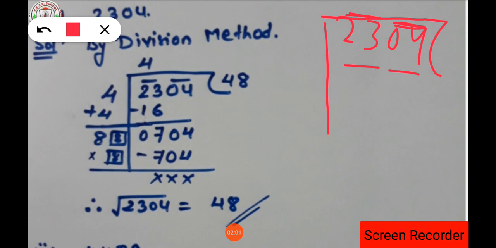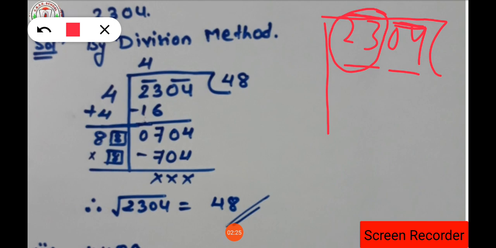Now first we are going to see what number we have. Here the first number is 23. Now we will think of a number whose square comes near 23. We are not going to do 23 into 1.